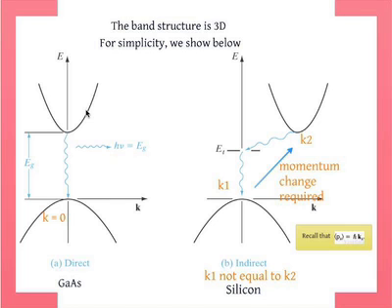Recall, what is kinetic energy? Classical kinetic energy is half m v squared, half mass times velocity squared. We can also write this as half m v squared, which is nothing but, mass times velocity is momentum.